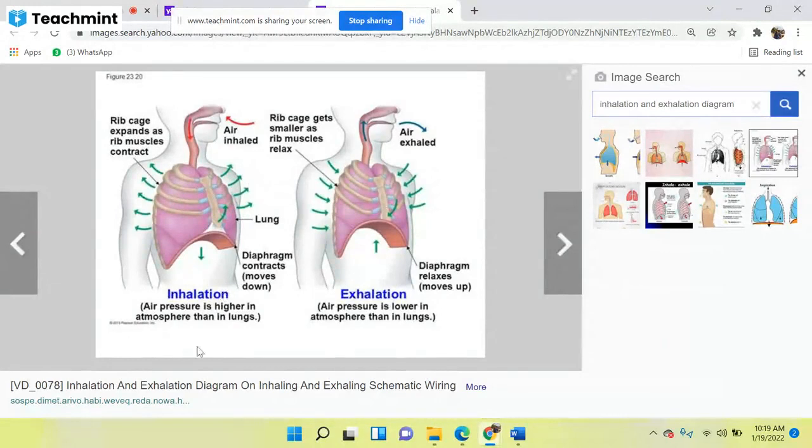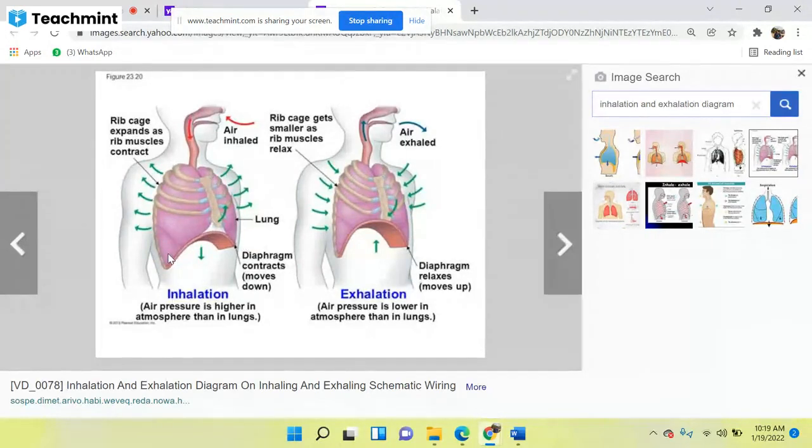So during the inhalation process, below the lungs, this diaphragm is there. I told you that our body is divided into two chambers, the thoracic chamber and the abdominal chamber, and this division takes place by a membrane. This membrane is called the diaphragm. You just see, this is a dome shaped structure, the diaphragm.